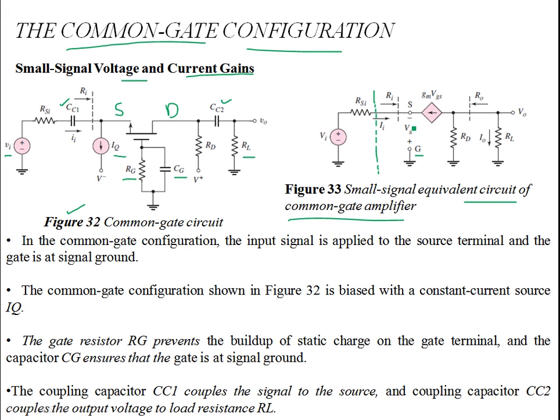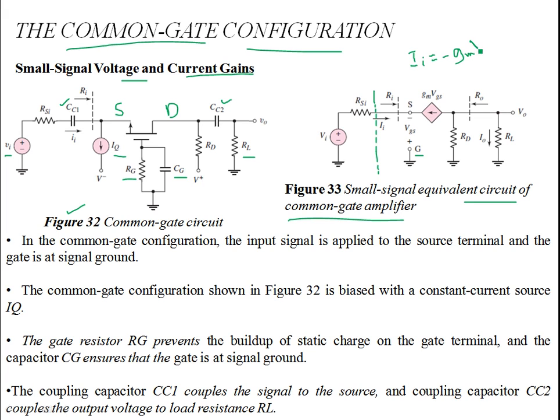Note the sign of VGS over here. So this gate is at more positive potential with respect to the source for this NMOS configuration. So your current Ii, which you see over here in this direction, is negative, minus gm VGS. So Ii is minus gm VGS.